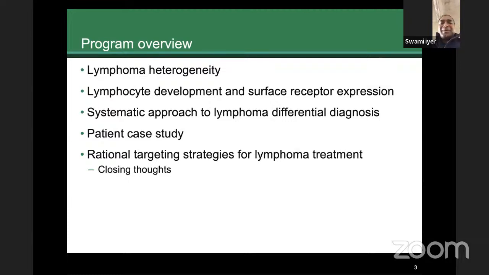And also, based on the patterns, we're able to give a name to the type of lymphoma. And of course, there is going to be a step-by-step, systematic approach to lymphoma diagnosis, and we'll maybe just give you a patient case and then close thoughts with that. Next slide, please.